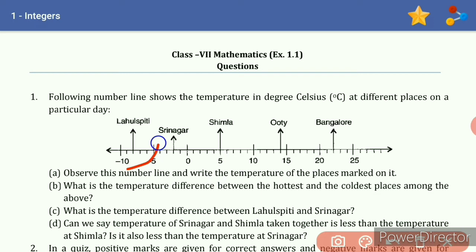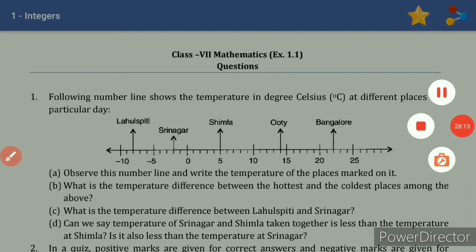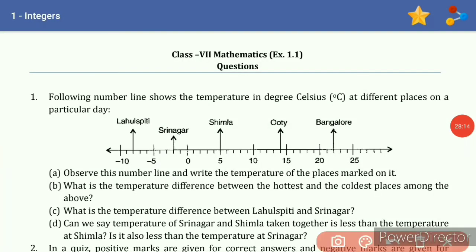Now, what about Lahul Spiti? Lahul Spiti lies between minus 5 and minus 10. If we move to the left, the temperatures go smaller and smaller.